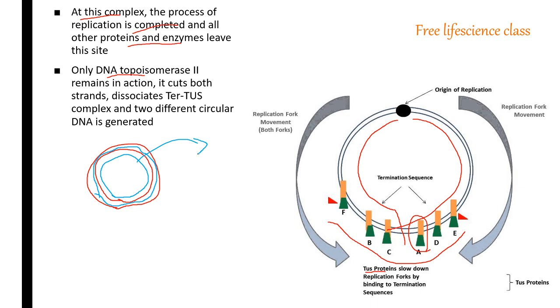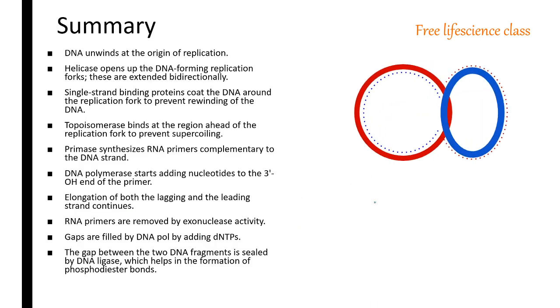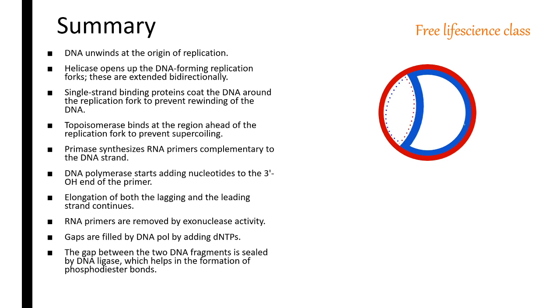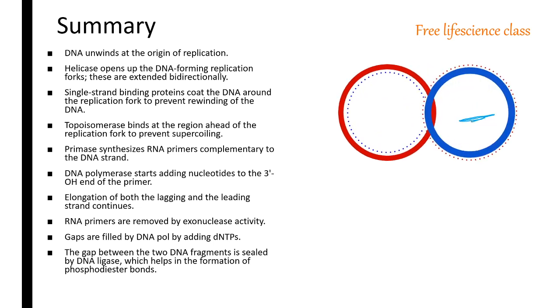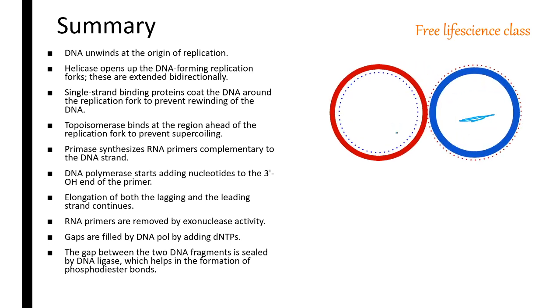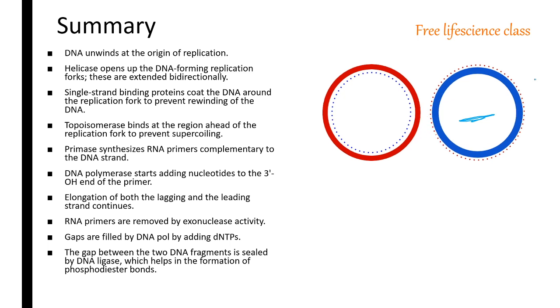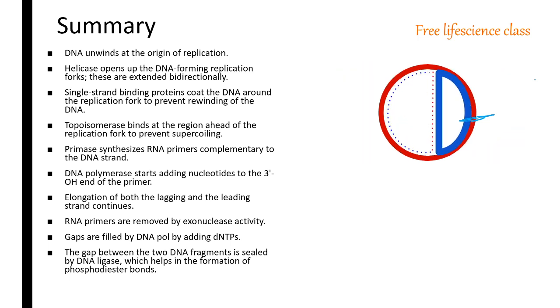That is, you have to separate the two new DNA strands. For this, the DNA topoisomerase will help. So DNA topoisomerase will create a nick here so that the DNA will come out, and then the break is joined. We already studied that DNA topoisomerase has this property. So the DNA topoisomerase will help to do this process.